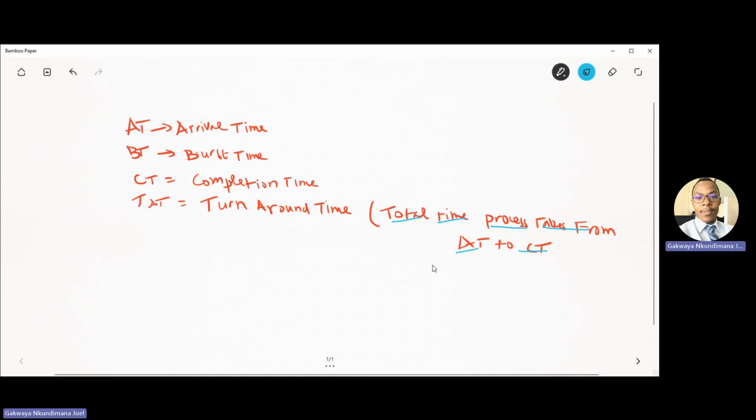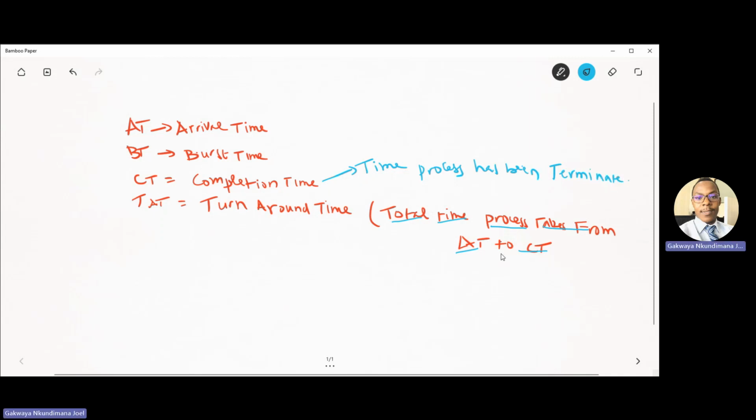What is the completion time? The completion time is the time at which the process has been terminated. This is the time the process has been terminated, right?